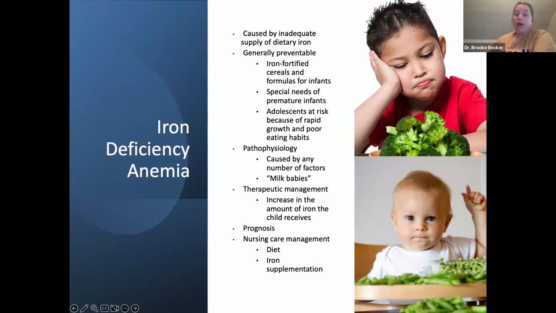Now, for iron supplementation to be beneficial and to actually work and be absorbed correctly, they have to take it with vitamin C. If they're not taking it with vitamin C, then it's not going to correct the deficiency. So they can take it either with a multivitamin with vitamin C or they can drink it with some orange juice. Most parents, I find, just mix that liquid iron with some orange juice and the kiddo will take it.